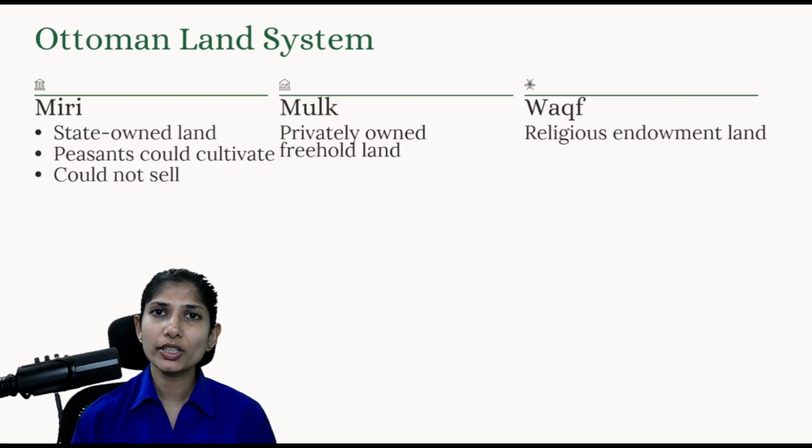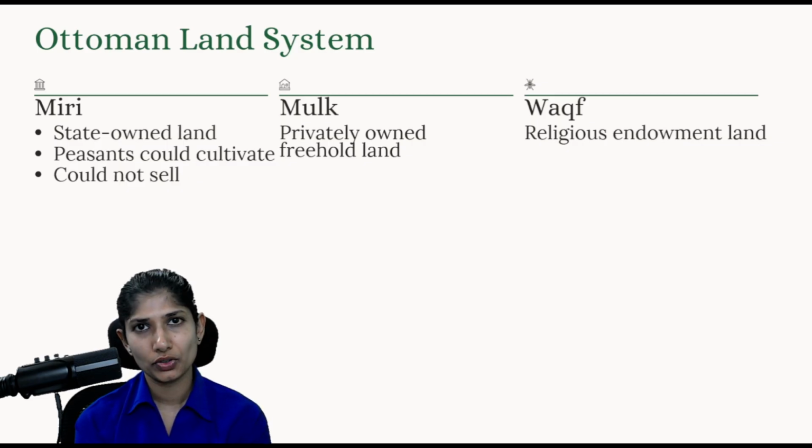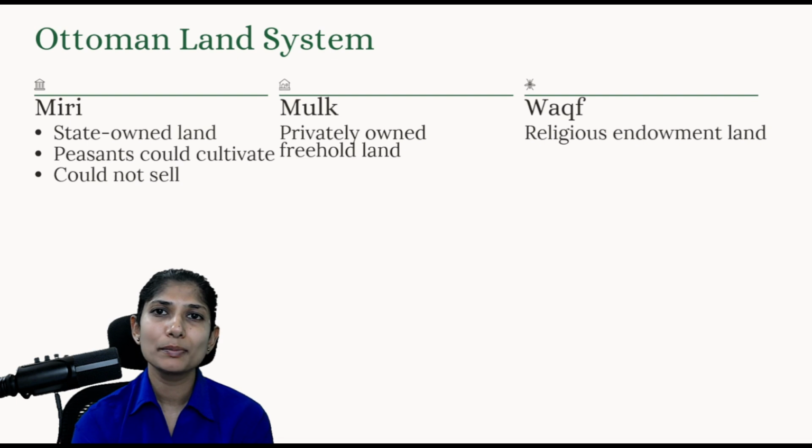During the Ottoman Turks period, when Palestine was under Ottoman control, the land system can be brought into three types. One is Miri, second is Mulk, and third is Waqf. What is Miri?